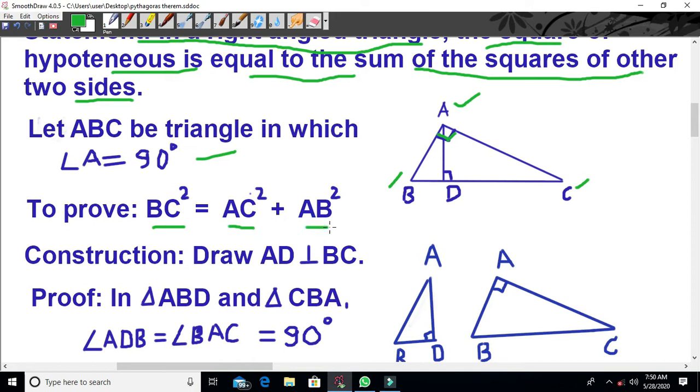BC square means this side BC square, AC square means this side, AB square means this side. So we have to construct something.